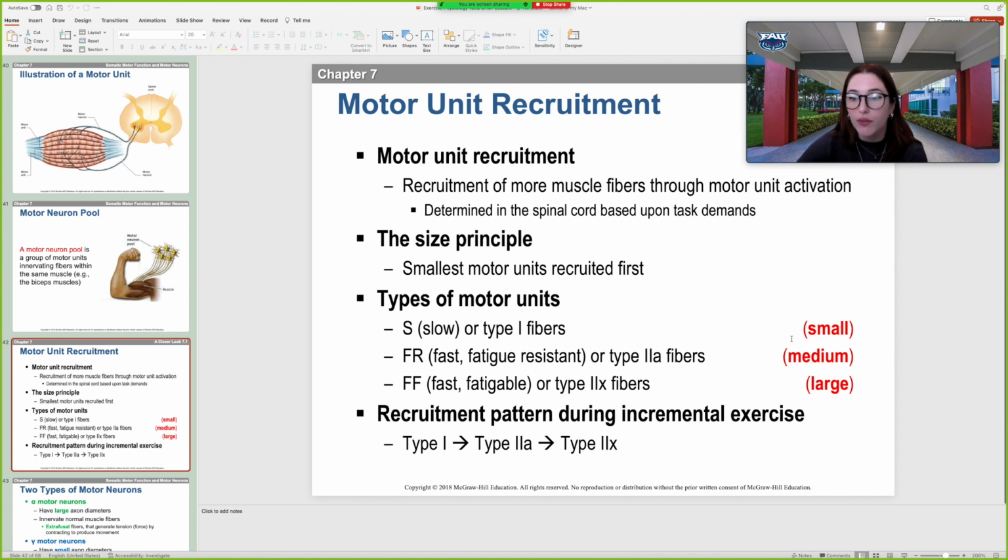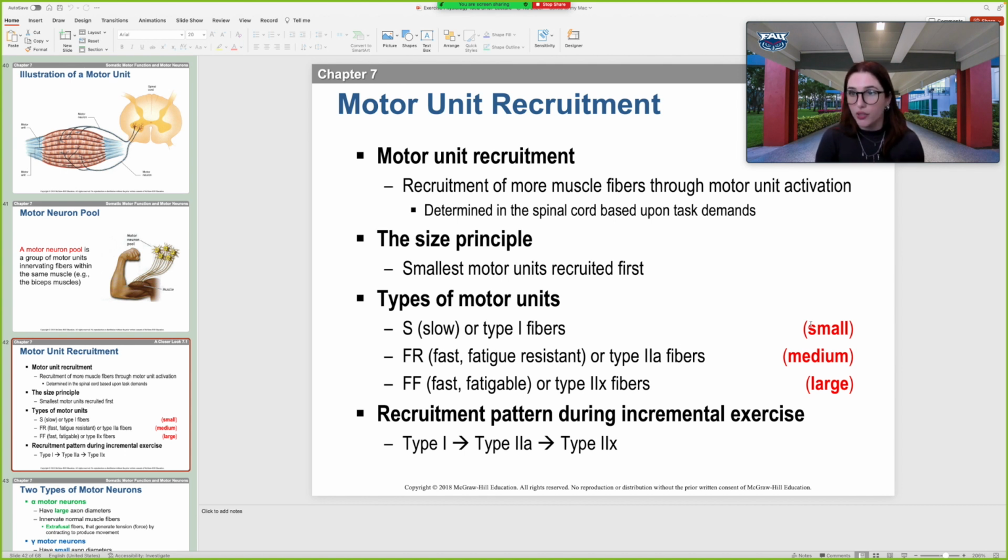And then we have this pattern of recruitment where we basically determine exactly how many motor units we need to recruit to produce a specific amount of force, right? If I want to pick up a weight, I want to contract my bicep, well, I need to recruit the exact amount of motor units required to produce the exact precise amount of force that I want to produce, right?